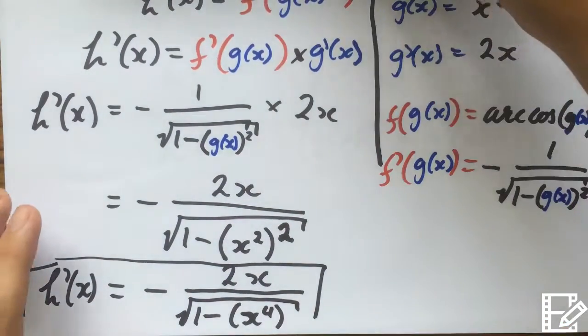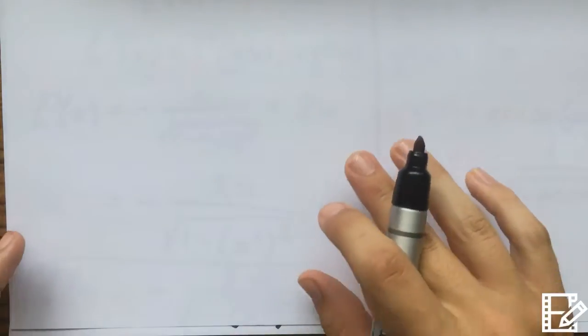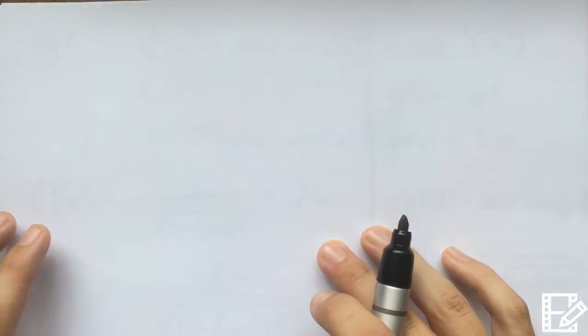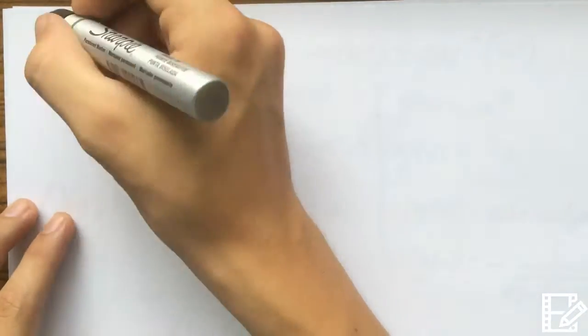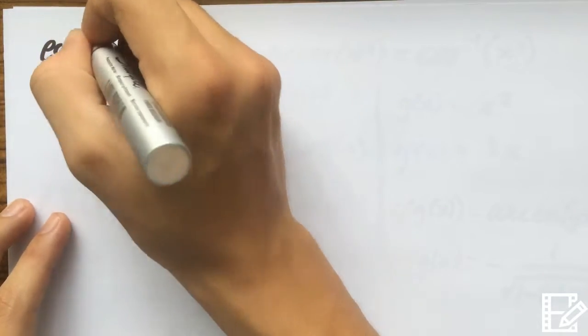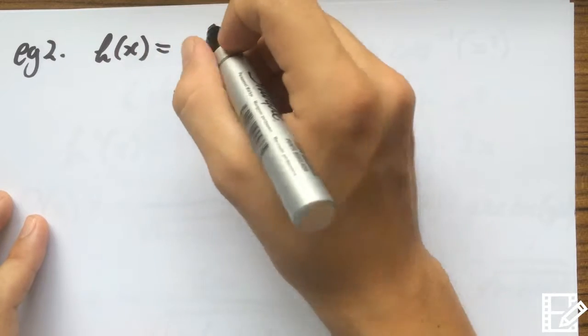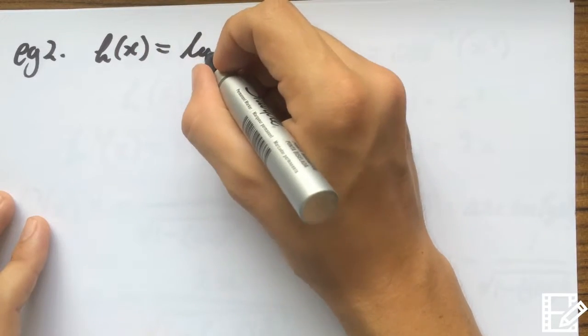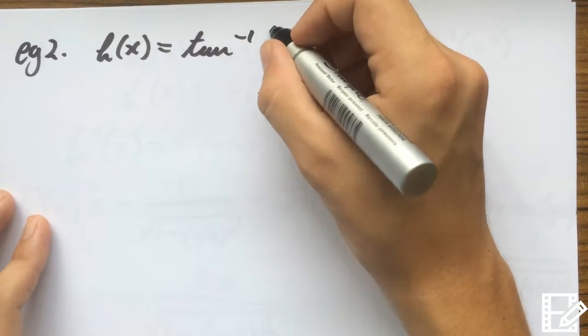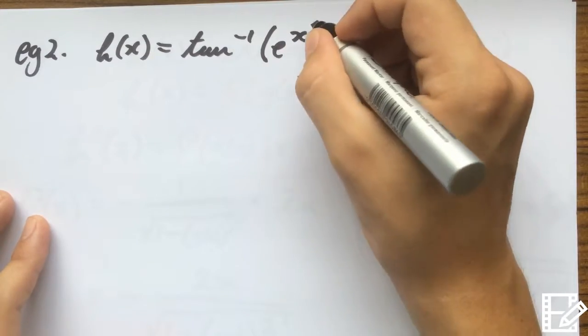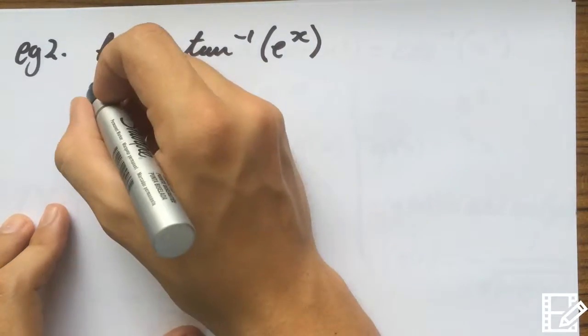Now I'm going to do another example, hopefully to make it stick a bit better. So here we've got example 2: h(x) equals tan to the power of -1 of e to the x.